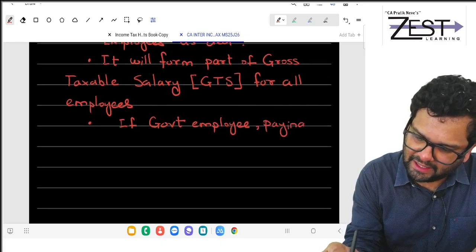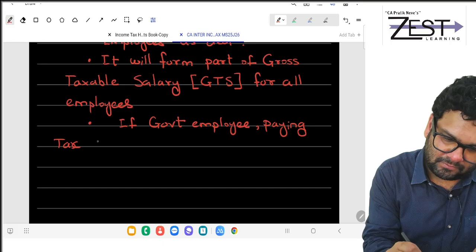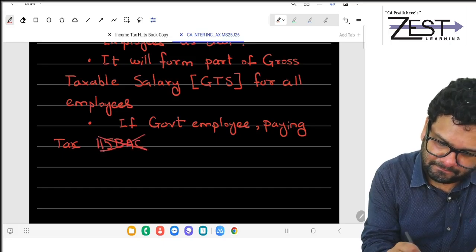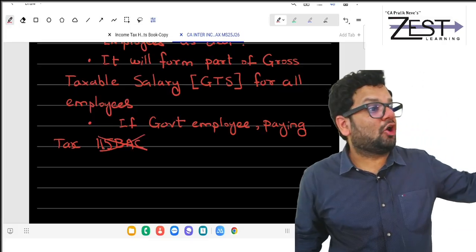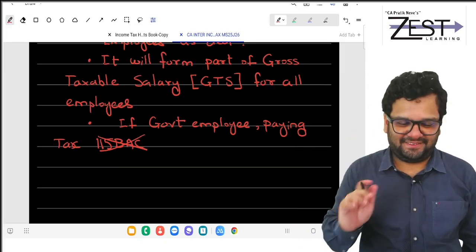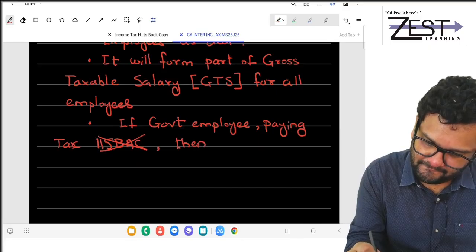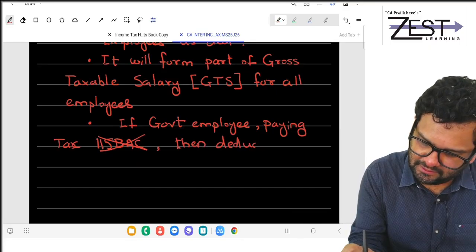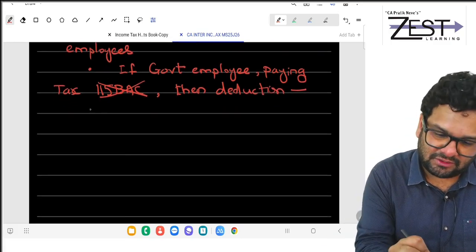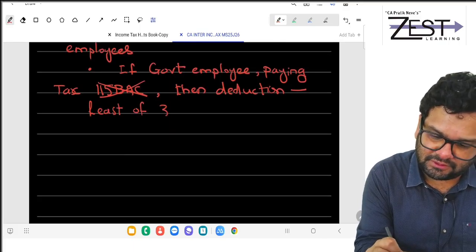And then, if a government employee is paying tax opting out of 115BAC, do you understand this? Then deduction. How much will be deduction? Least of 3.